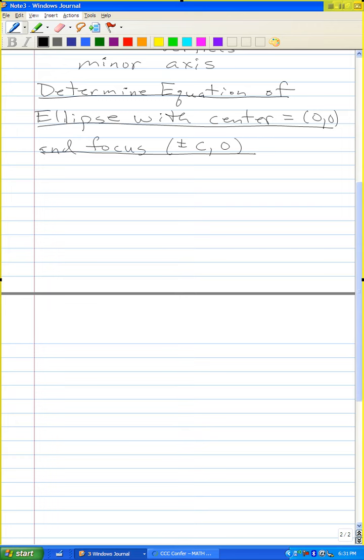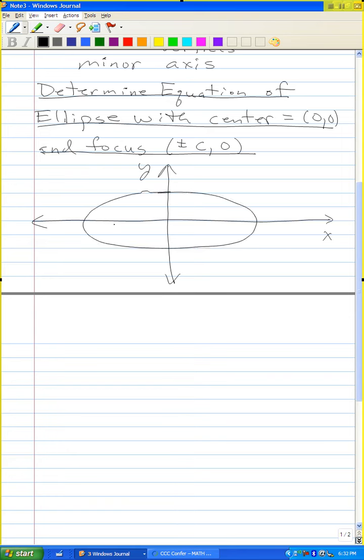And so I have here an ellipse with center at the origin. And so the center here is at the origin.